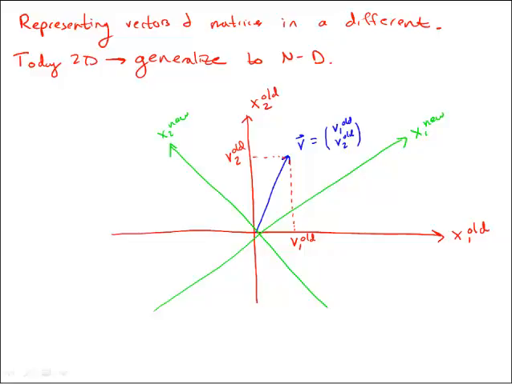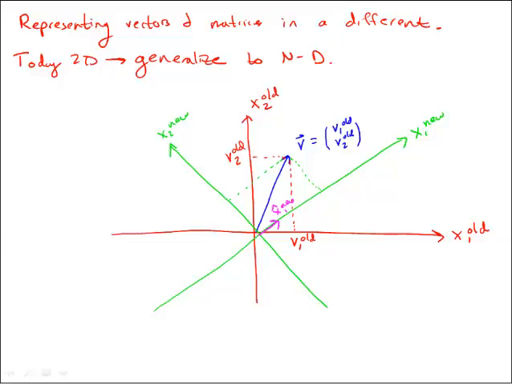Well, this is not too complicated. What we want to do is find out how much v goes over in the x1 direction and how much v goes over in the x2 direction. And how can we do that? What we are going to do is project v onto a unit vector x1 new hat, the new unit vector in the direction of x1 new.